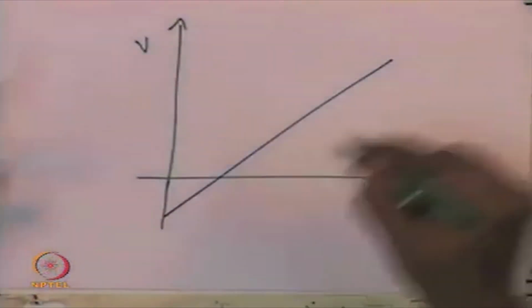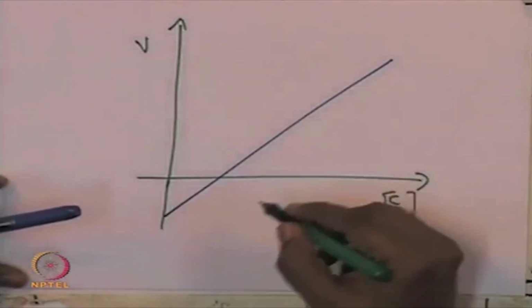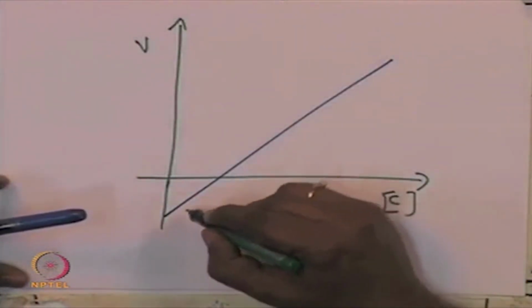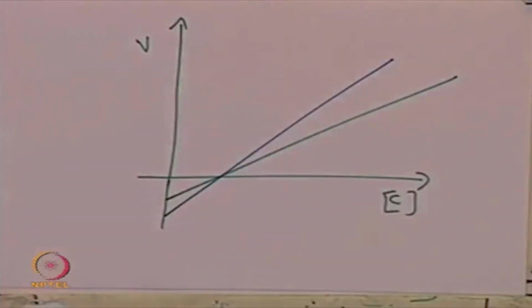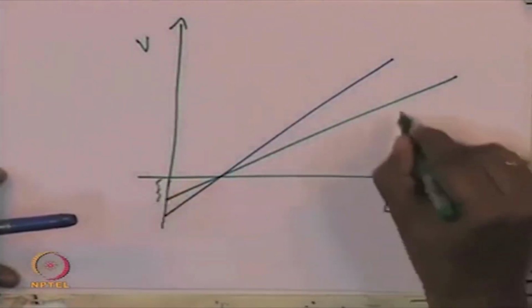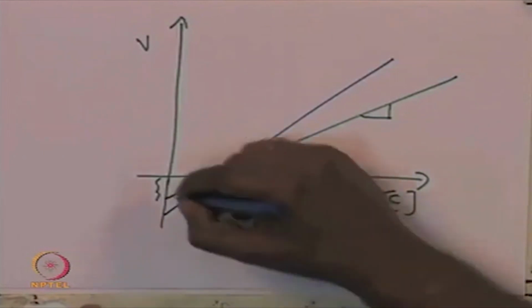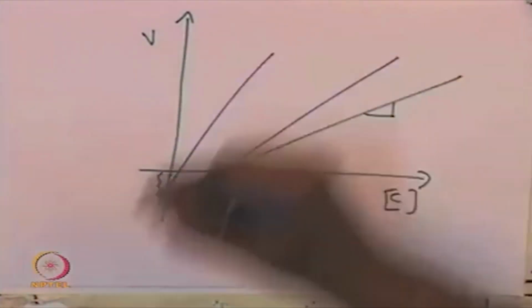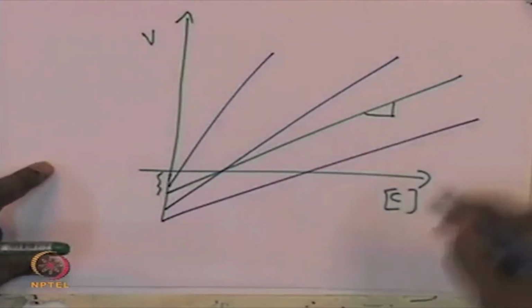So, if you do an experiment for microtubule, you can predict that you will get some other curve, which could look like this, with a different y-intercept and a different slope. If you do it for some other filament, you might get a curve like this.